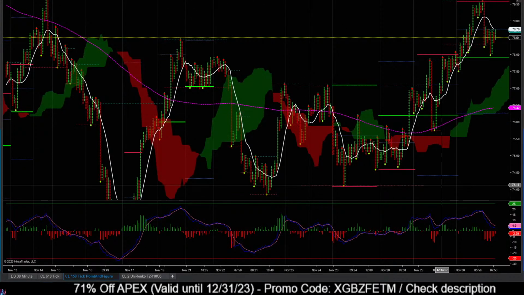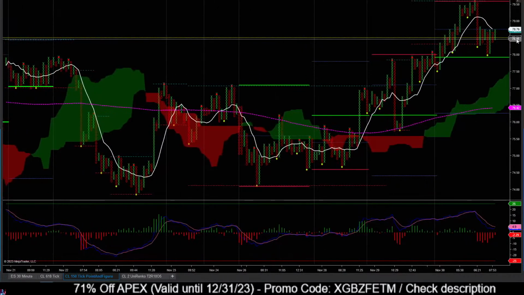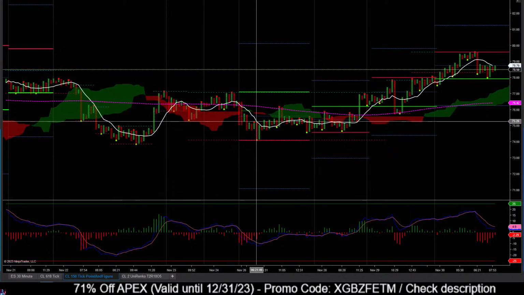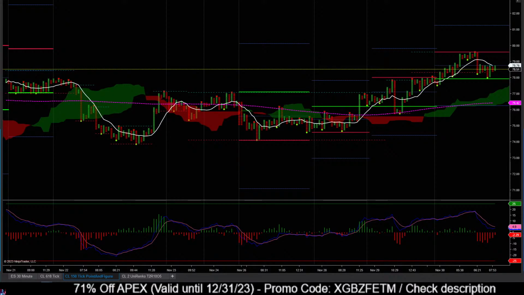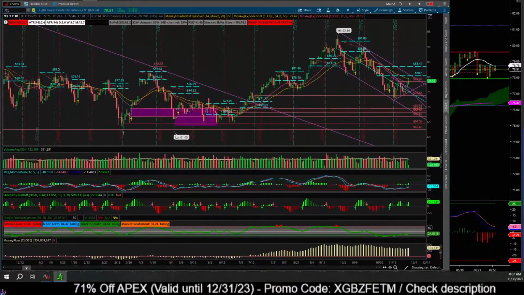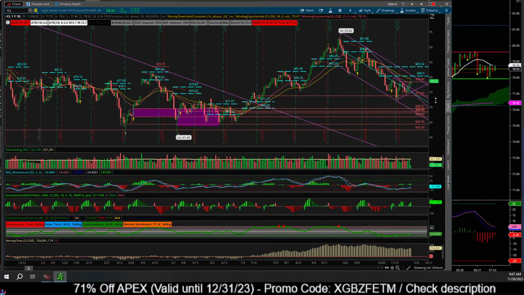Let's look at crude. Crude has been interesting. It moved up, and I'm gonna show also the daily right away, actually, on the Thinkorswim platform. In here, you see that it went to the 34 EMA, touched it overnight, and then it's coming back.